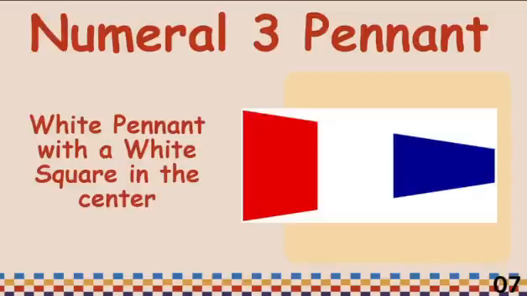Next is the numeral 3 pennant. As you can see in our image, it is a white pennant with a white square at the center in between of red and blue. So this is number 3 pennant.